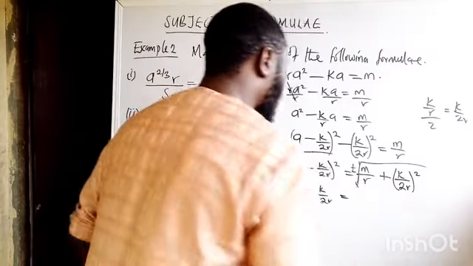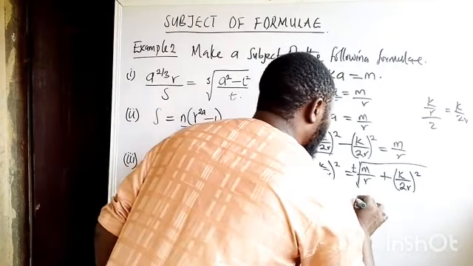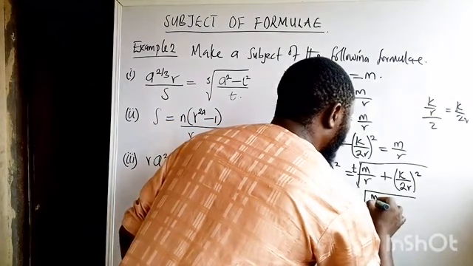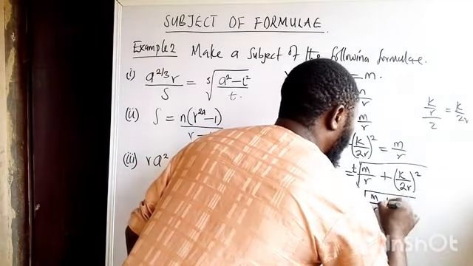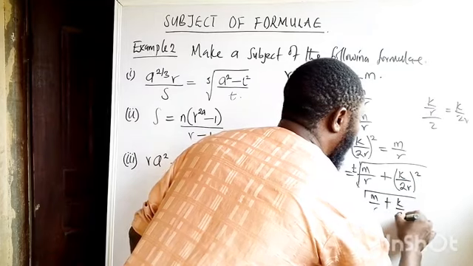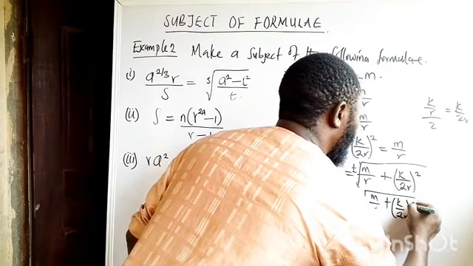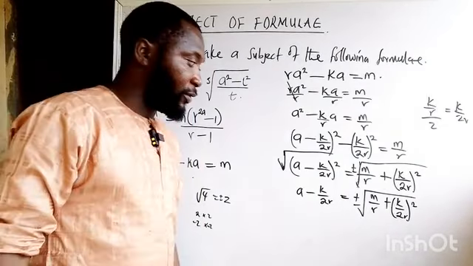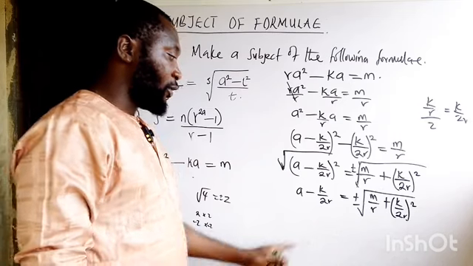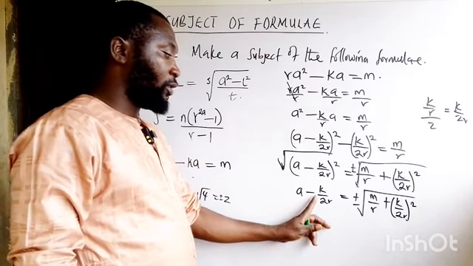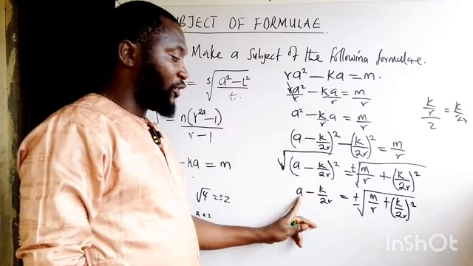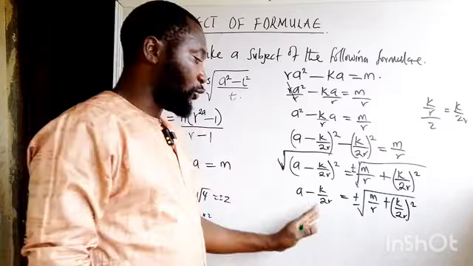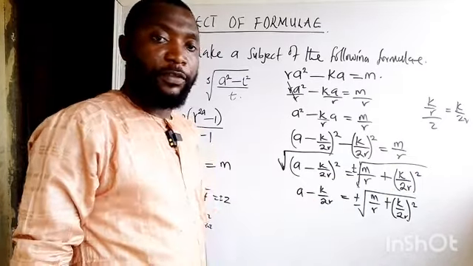So now here we have plus or minus the square root of m over r plus k over 2r, everything squared. Now our problem is almost solved. Since we want to make a the subject, move this to the other side, so that it becomes positive.